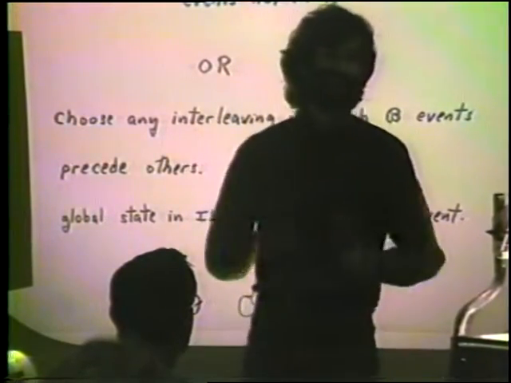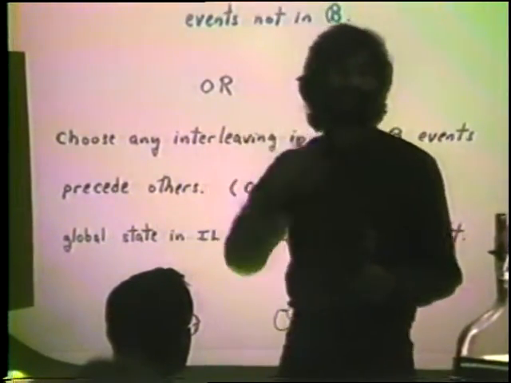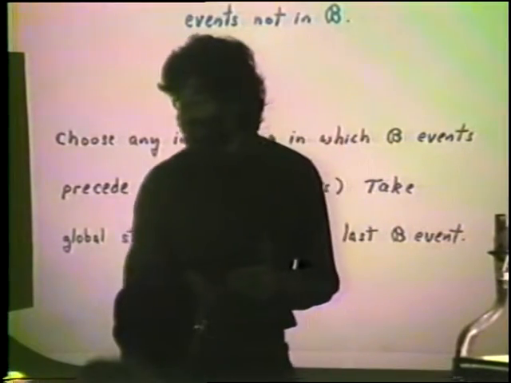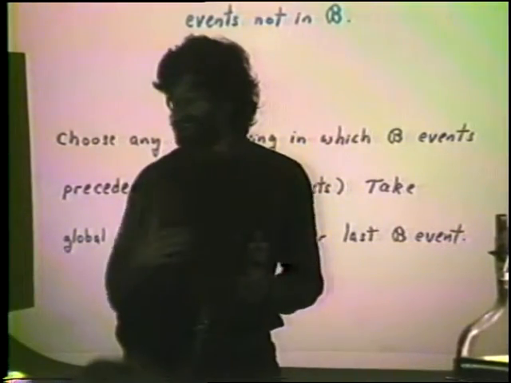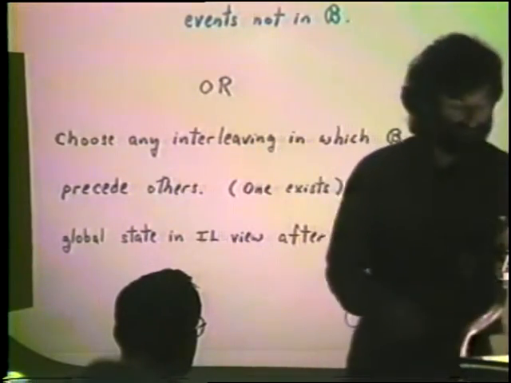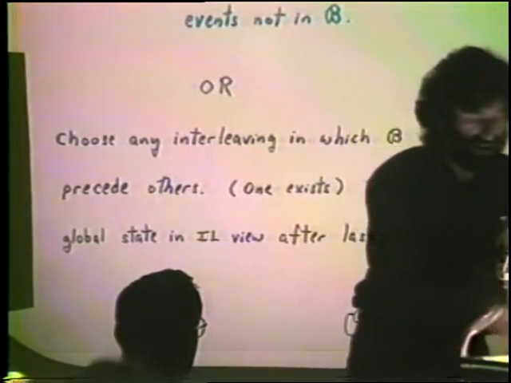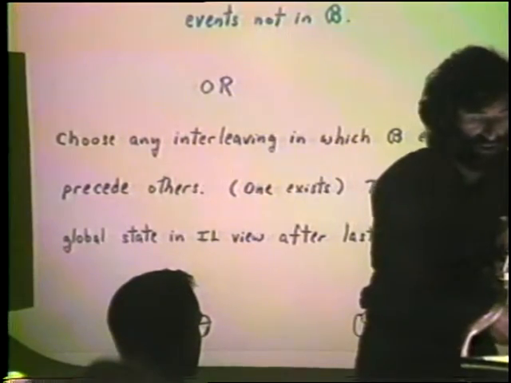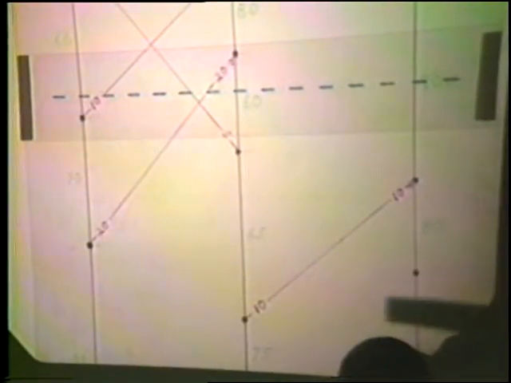Then we have an interleaving view, so that defines a global state after each event, and we take the global state in the interleaving view after the last event in B. So in other words, we take some interleaving of these events. Of course, actually, you only have to worry about the events that happened before this time slice. We totally order them in some way that's consistent with the partial ordering defined by this picture.